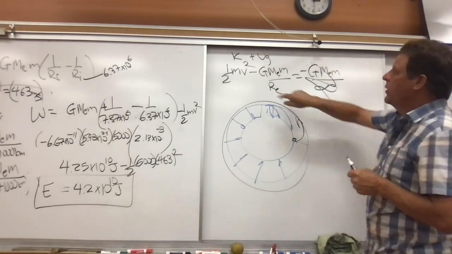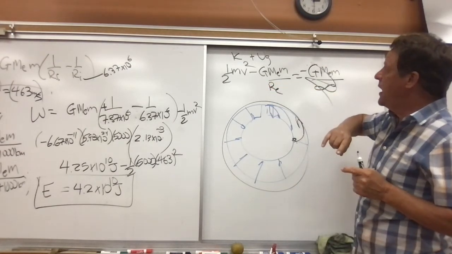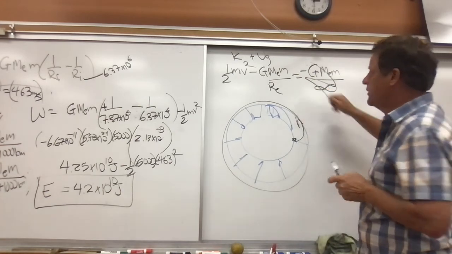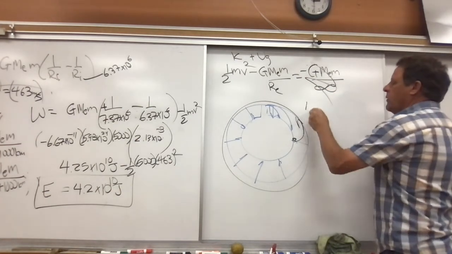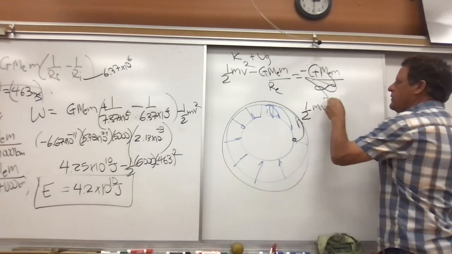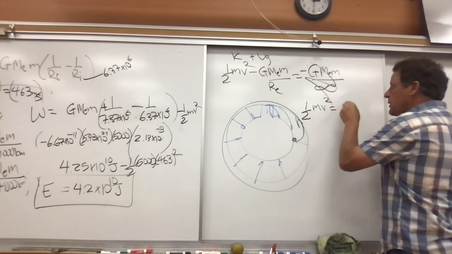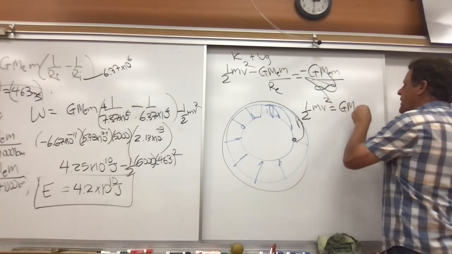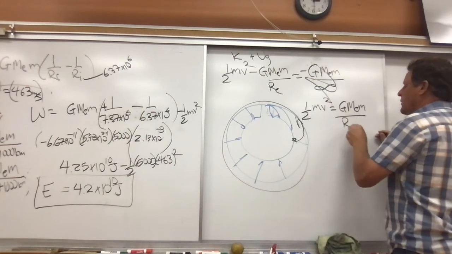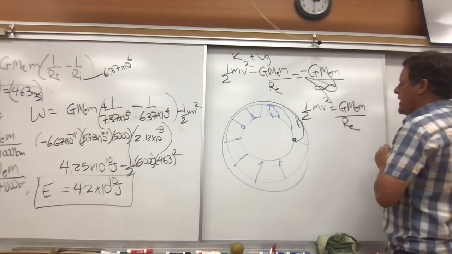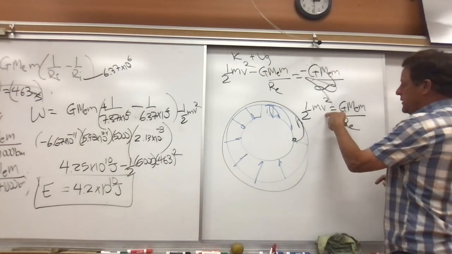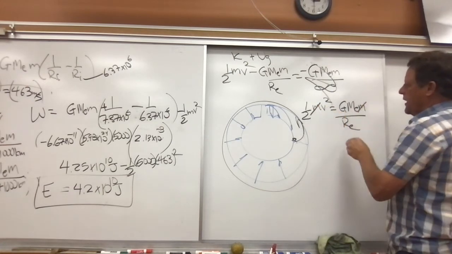So now we're going to take this negative GMm over r and bring it to the other side. So we're going to get 1/2 mv squared is equal to positive G, mass of the Earth, m over the radius. And now we're going to solve for v here. This m is going to cancel out.